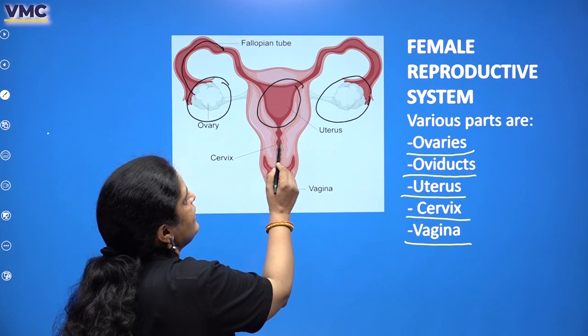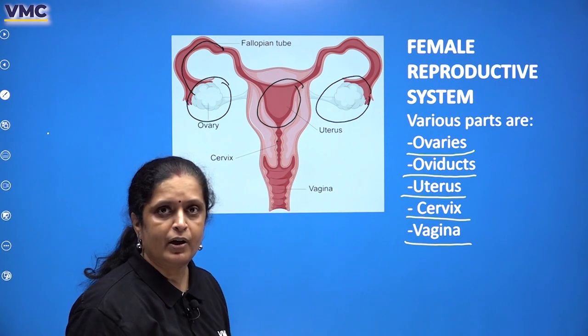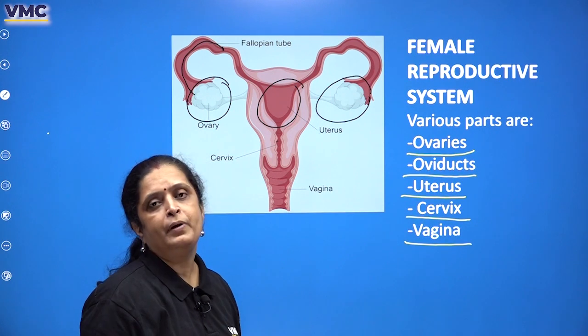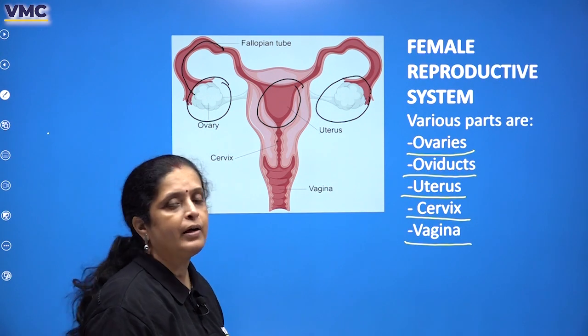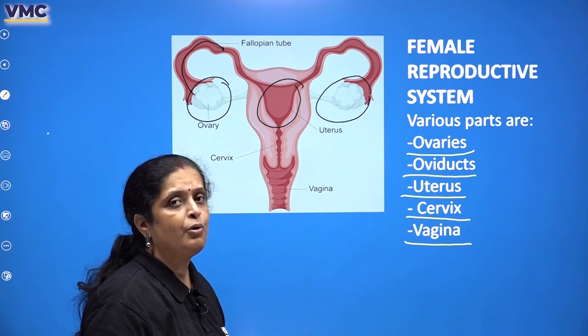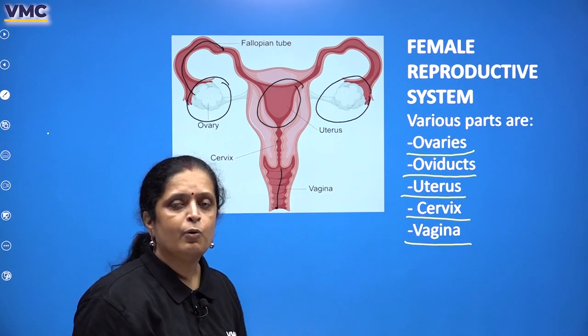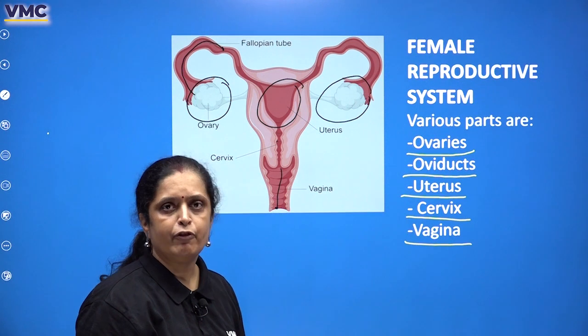Cervix is the inner opening of the female reproductive system and vagina is the outer opening of the female reproductive system and is also the birth canal. This is the birth canal, right, where the baby is delivered from.